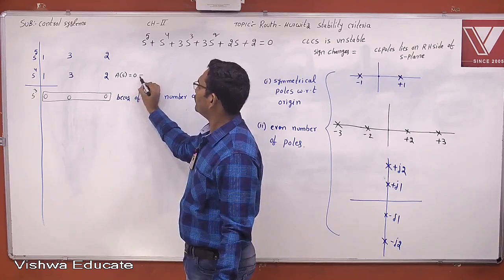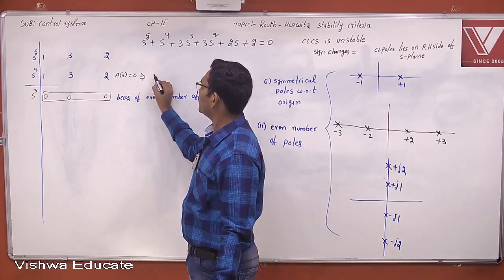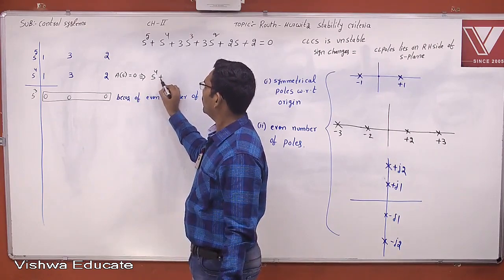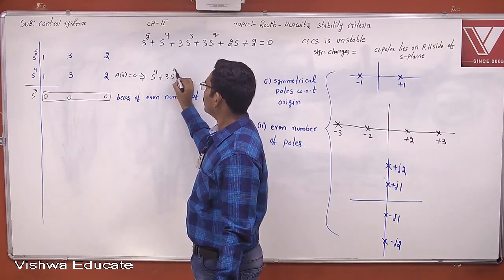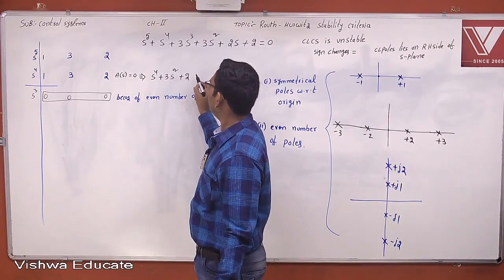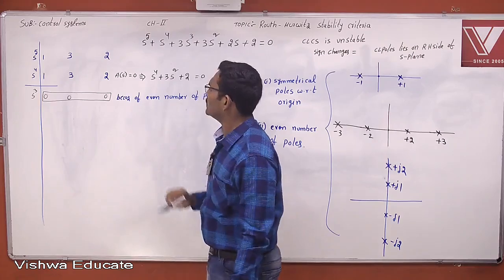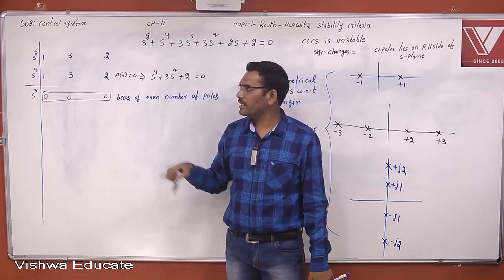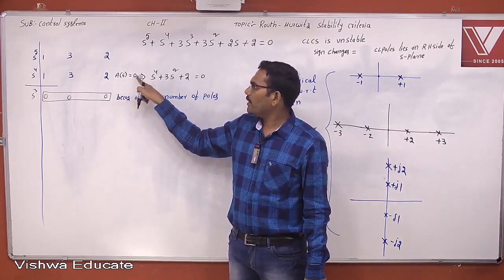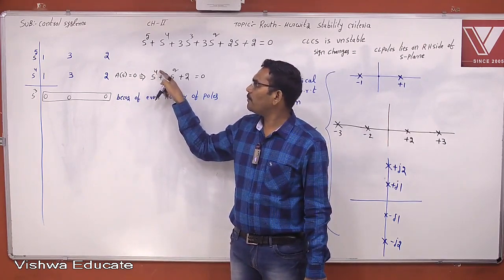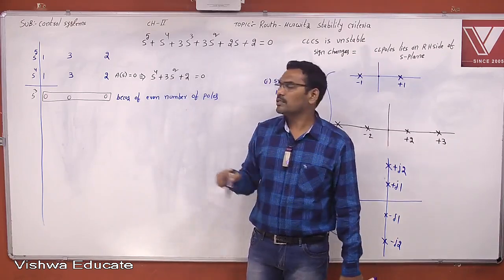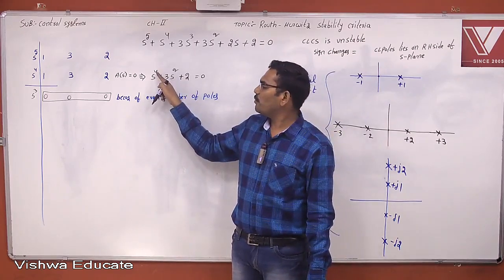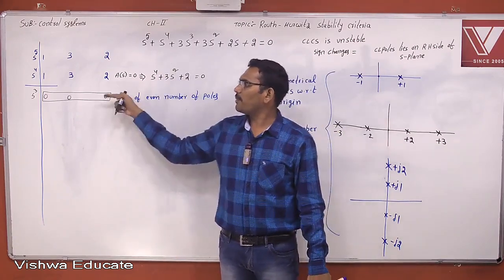What is the auxiliary equation? This is the auxiliary equation, s power 4 plus 3s square plus 2, which is equal to 0. And one important point here: the auxiliary equation must have even powers of s terms, because only an even number of poles will have this type of situation.